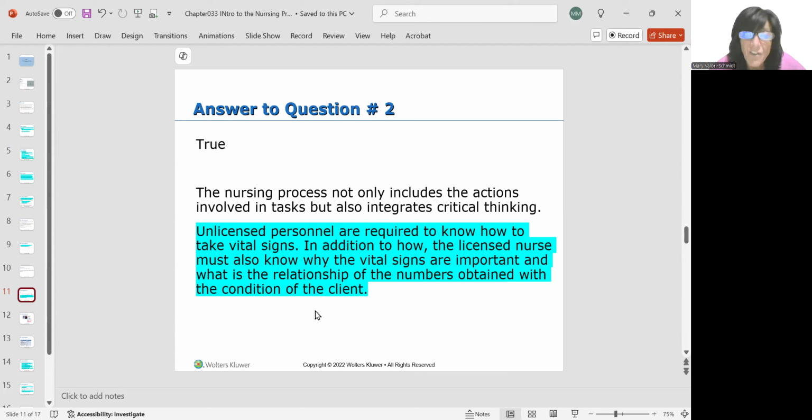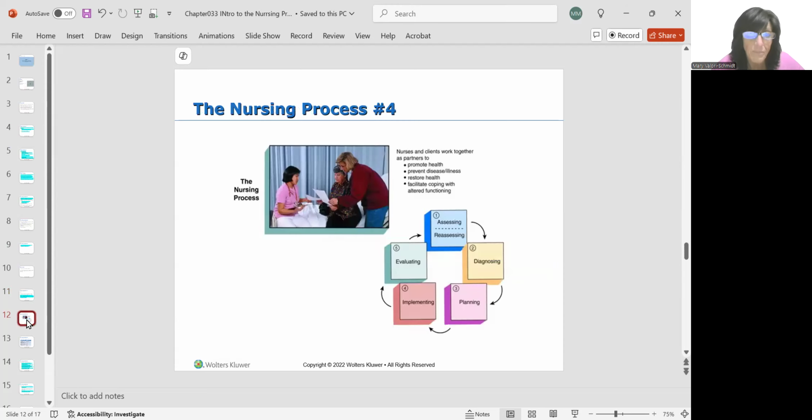But as a licensed nurse, we have to know why the vital signs are important and what the numbers that we get from those vital signs mean regarding the condition of our client, right? So that's the difference. Unlicensed personnel perform tasks. We use critical thinking and clinical judgment, right, in order to figure out what's wrong with our clients.